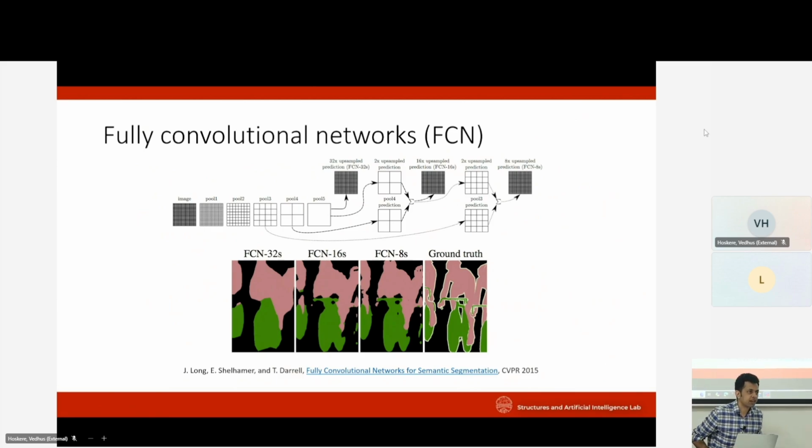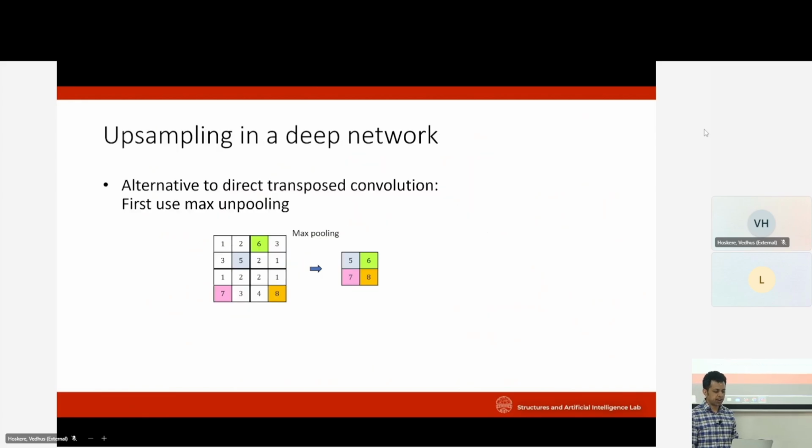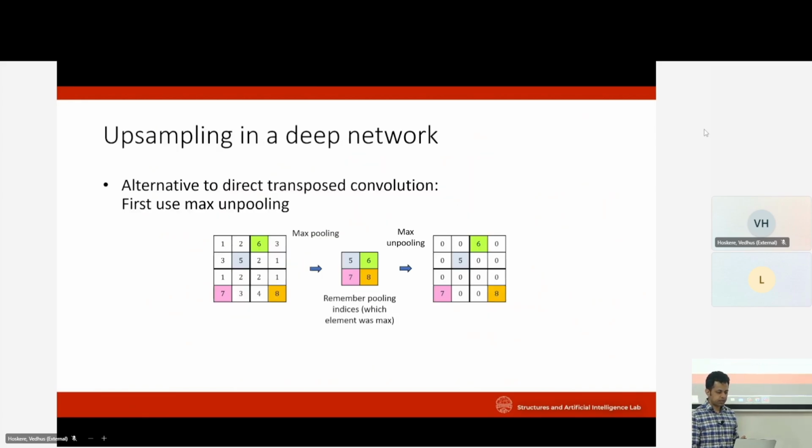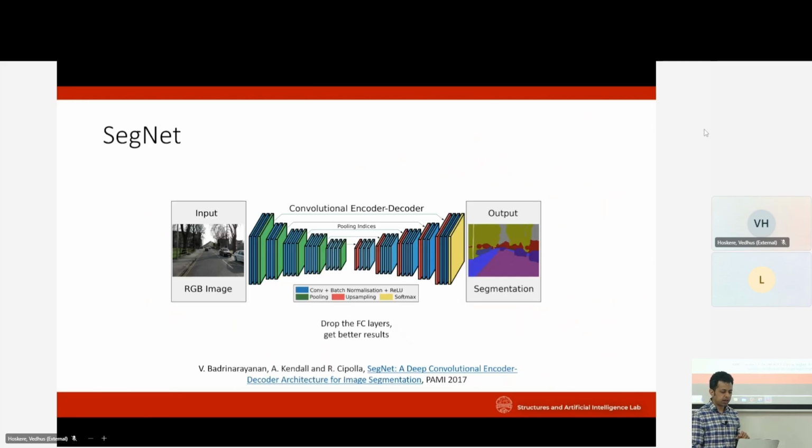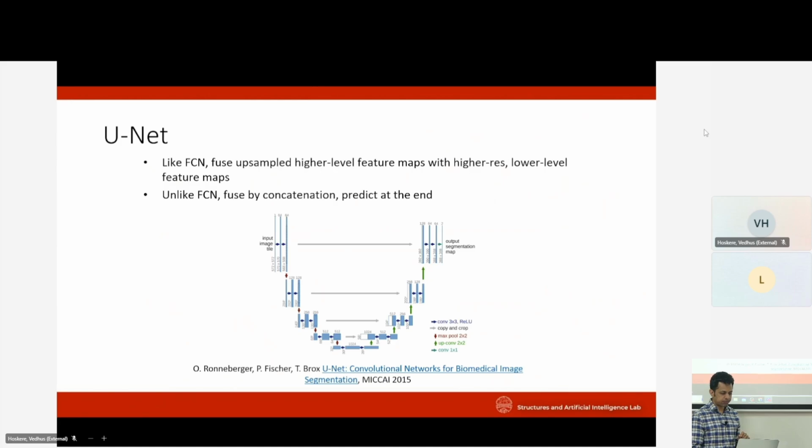Why is it not? So in the UNet they're doing a concatenation. I mean, UNet was proposed 1 year after, so they're not that different. And the UNet has a better upsampling procedure.